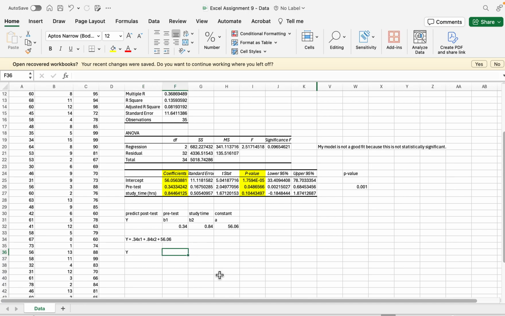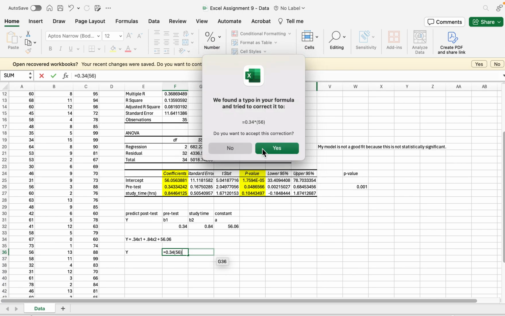Pretest is this number. Let's say somebody got a 56 on the pretest. So I would multiply 0.34 times 56. And then that gives me a number.